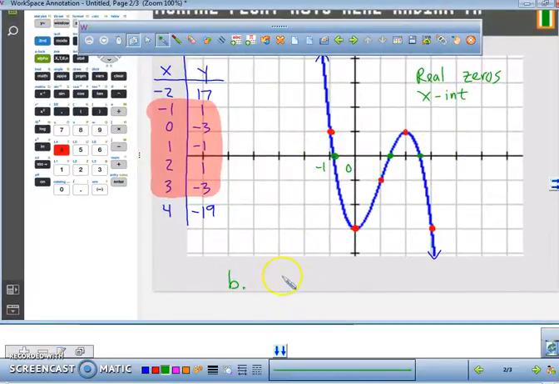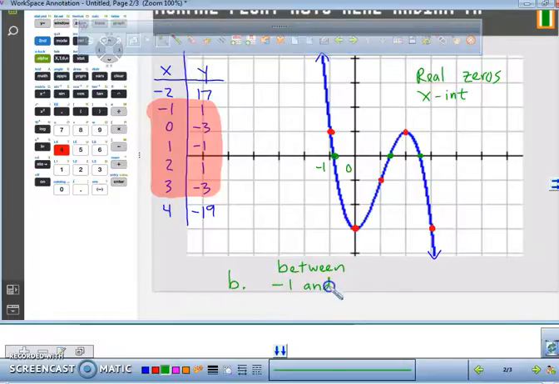So for your answer choice for B, you're going to write between -1 and 0. That is where one of the real zeros is located, between the x values of -1 and 0. I'm going to label this as a 1, this is a 2, this is a 3.